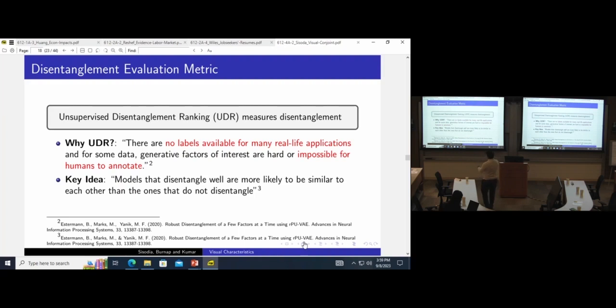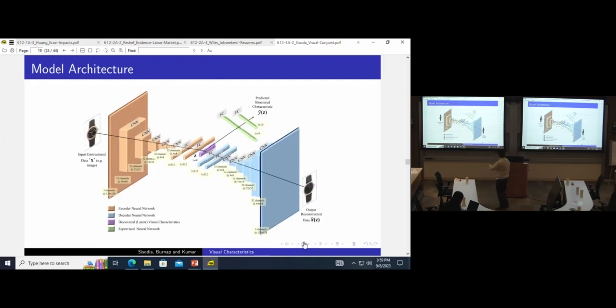So you can train a model with different random seeds, and if the statistical correlation between different representations is similar, then this metric will give it a high score, and that's the one it will say has the most optimal hyperparameters. This is the architecture, and I won't go into the details, but in case someone is interested, it's also in the paper.